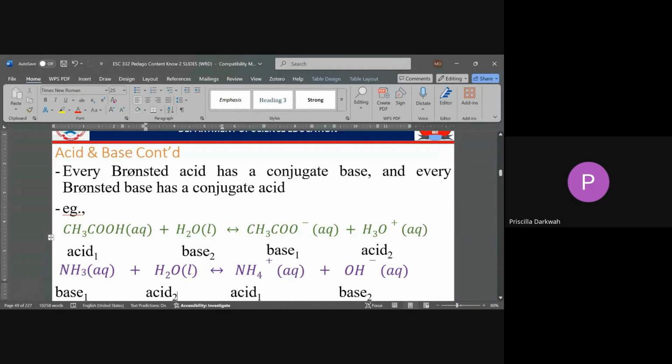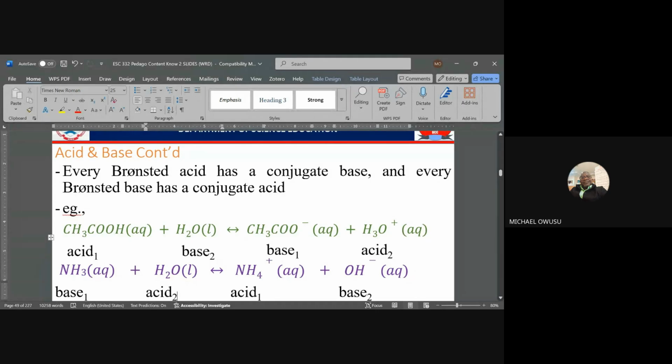Is it reversible? Okay. Forming to give CH3COO minus aqueous plus H3O plus, that is aqueous. Okay, thank you.